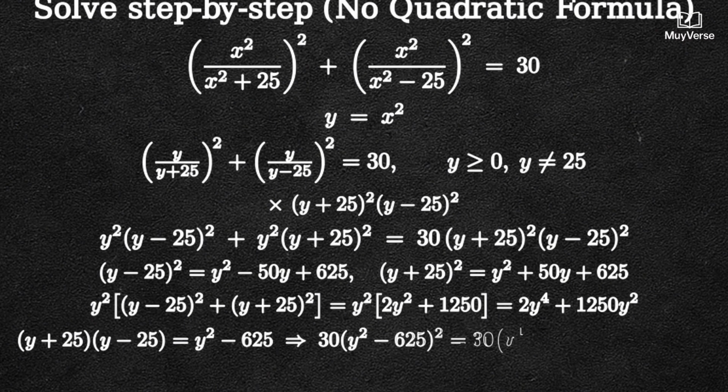On the right, note that (y+25)(y−25) equals y² minus 625. So the right side is 30 times (y²−625)², which is 30y⁴ minus 1250y² plus 390,625.